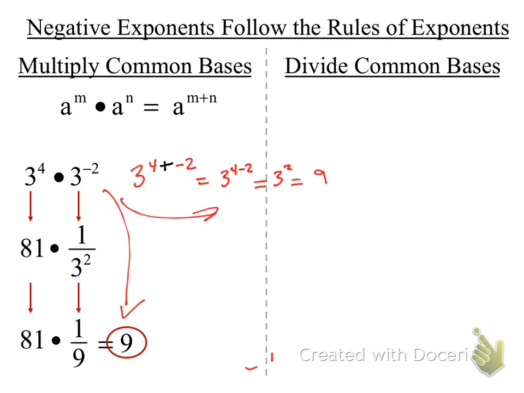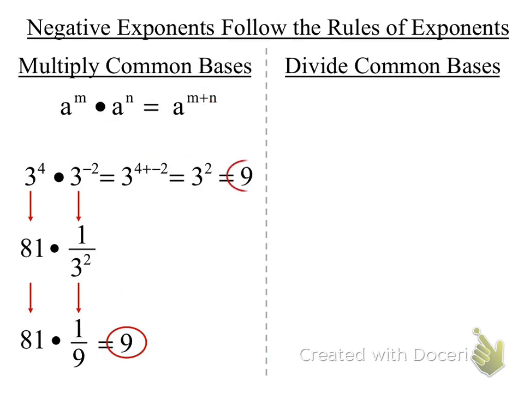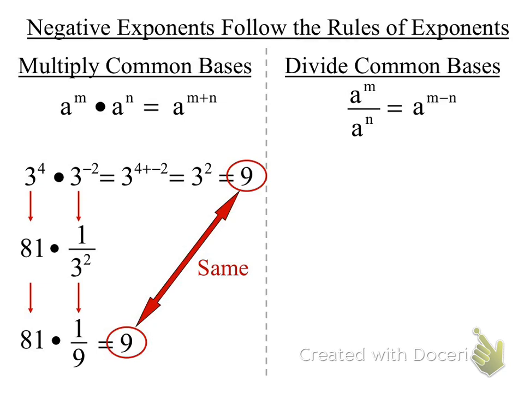But what you do need to know is that when we are multiplying with the common base, it's plus. We add the exponents. As opposed to if I'm dividing with a common base, what's the rule? We subtract, right? So again, I can reciprocate it and just move that right into the denominator and make that 1 over 7 to the 3rd power.